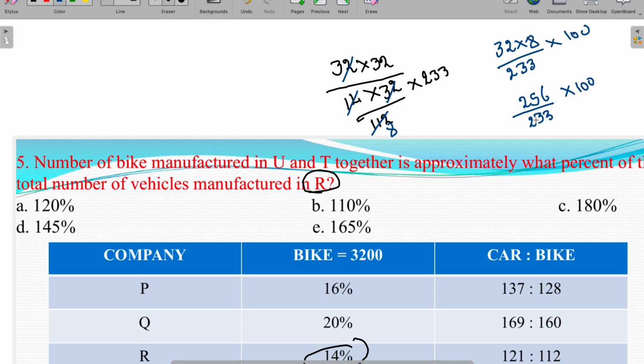How much extra? 23 extra, 23 is 10 percent, so 110 percent is your answer. 233 divided by 233 is 100 percent, plus extra 23 out of 233, approximately 10 percent, so your answer will be 110 percent.